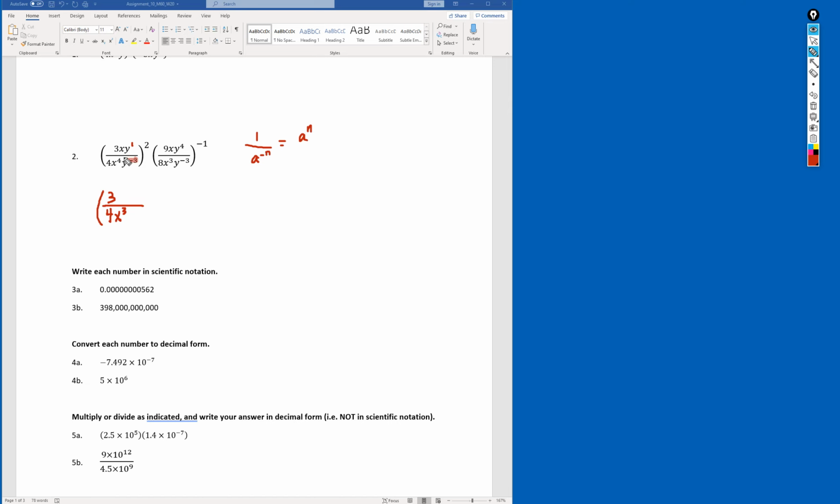So that's the easiest thing to do here. Just take this and move it up to the numerator and make it positive, y to the positive 3.